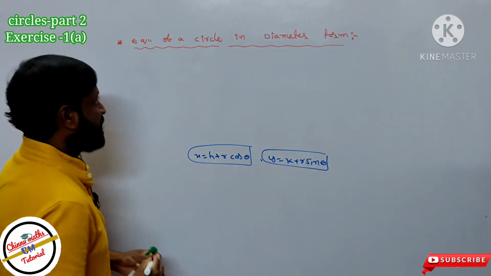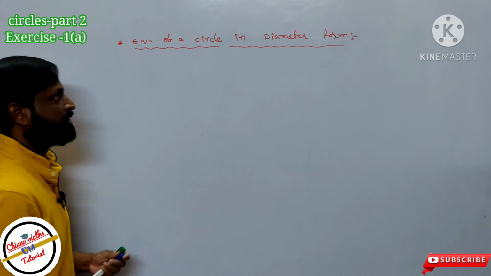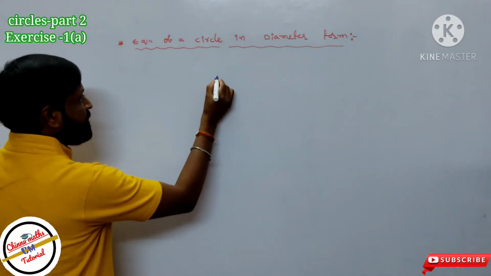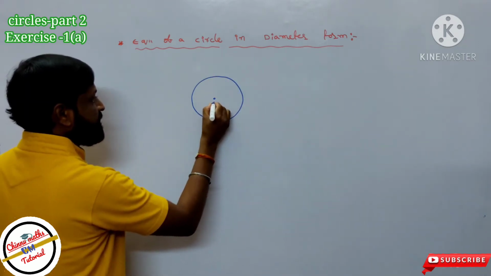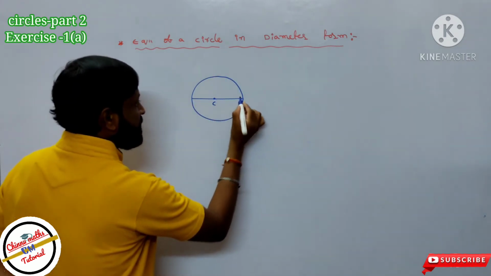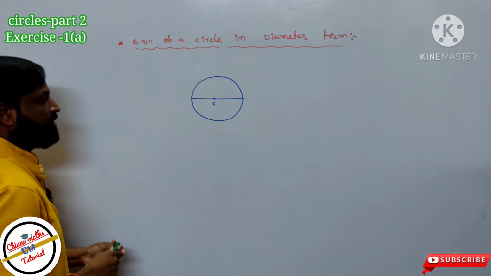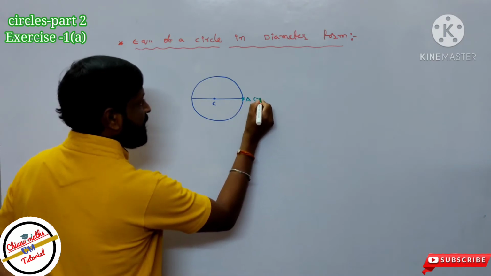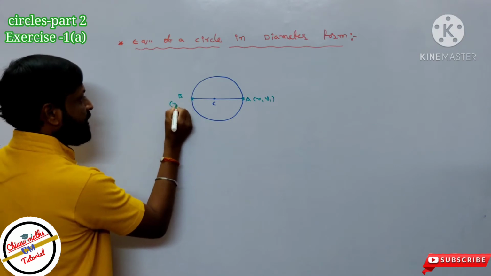Okay. Next, equation of a circle in diameter form. Take the circle with C as the center. Diameter form means the extreme points: I will take the point A equal to (x1, y1), the point B equal to (x2, y2).